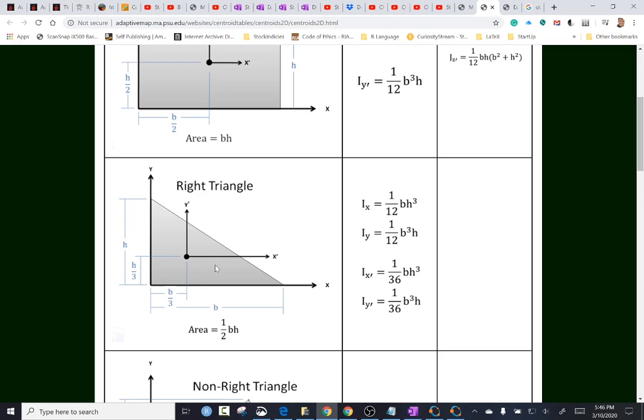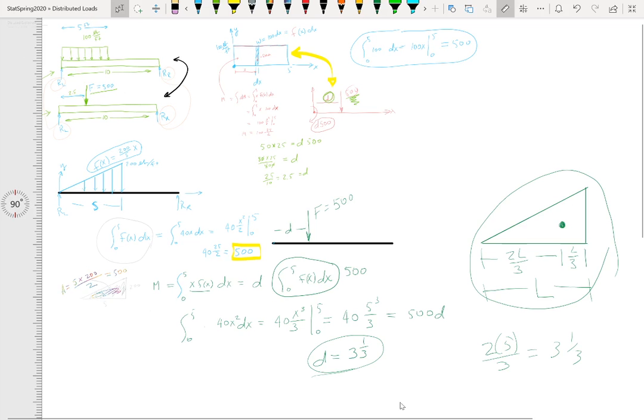So let's say this is a homogeneous plate and you're trying to balance it. You would have to put your finger right there to balance this plate. If you put your finger over here, it would fall off your finger. So in fact, this is the same kind of concept that we've got going here.